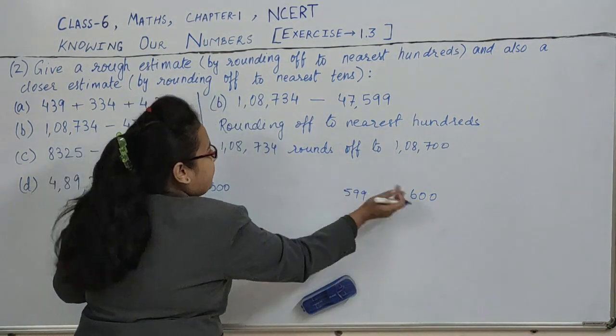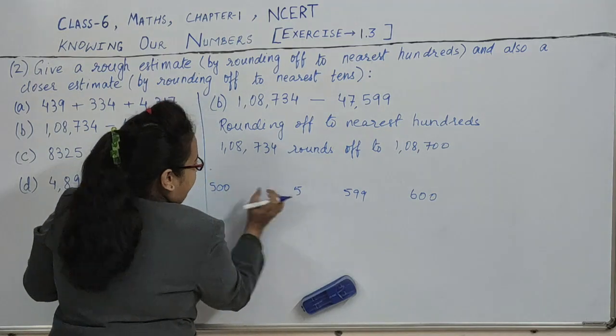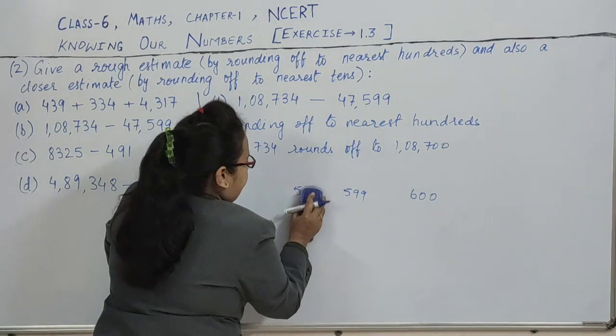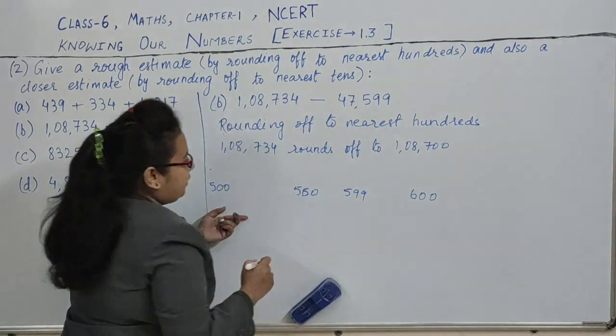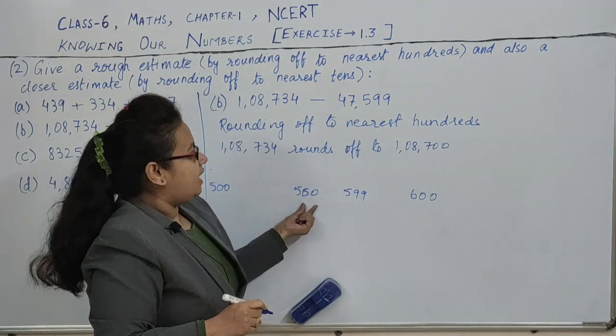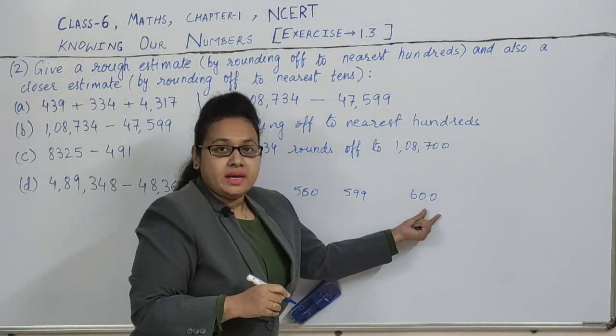This lies between 500 and 600. The middle number for 500 and 600 is 550. Okay, and this number is greater than the middle number, and it is closer to 600.